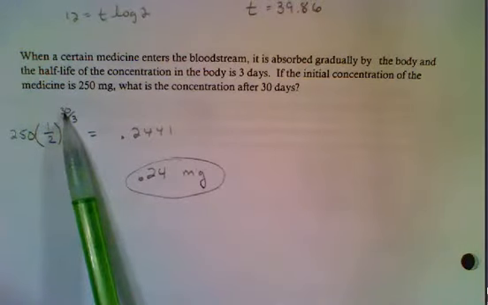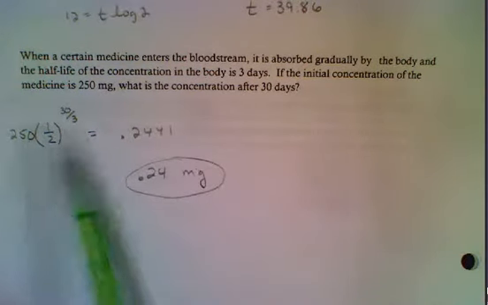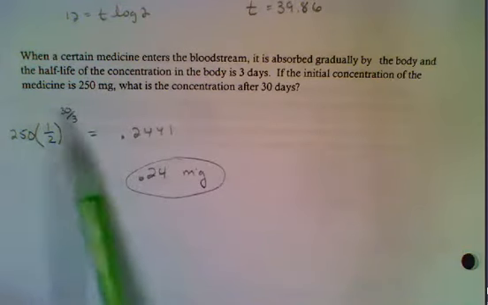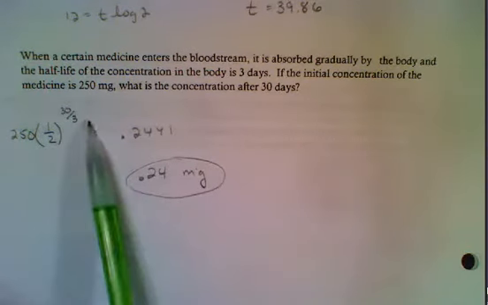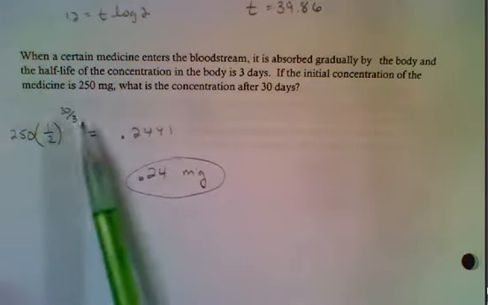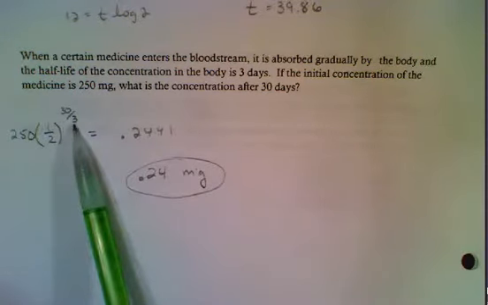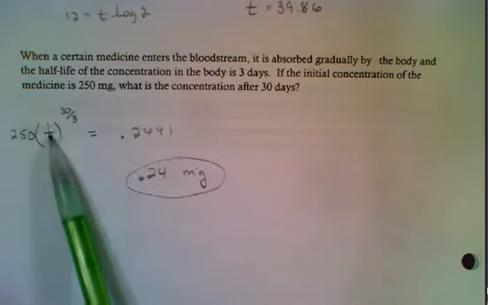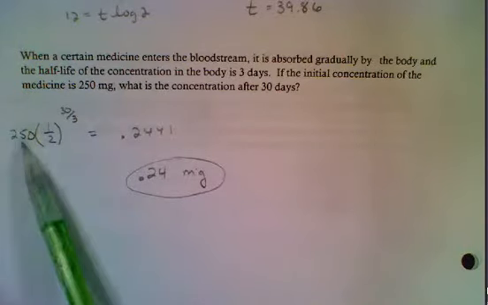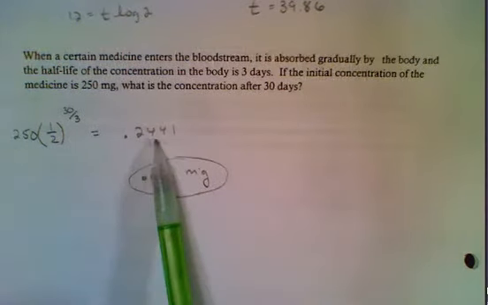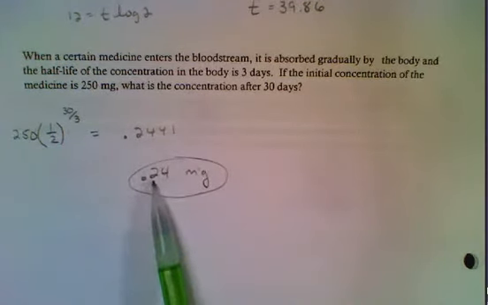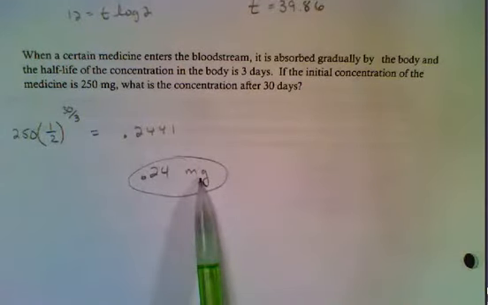So they give me the time, half-life, initial amount. So this one, all I have to do is plug that in my calculator. I need to figure out what is the population at that point. So I just took 1/2 raised to the 10th power times 250. I got 0.2441, so I said that was 0.24 milligrams.